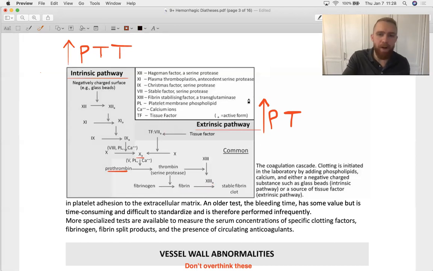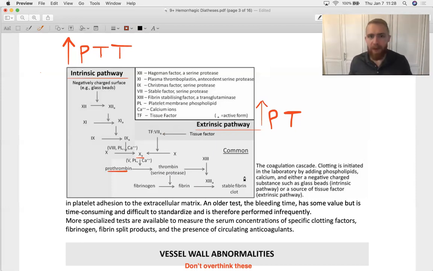So if you're on heparin, what's that going to do to your prothrombin time? It's going to be prolonged. It's going to be elevated. And then same thing for your partial thromboplastin time. That will also be elevated. So in heparin and in warfarin use, I want you to understand both PT and PTT will be elevated.